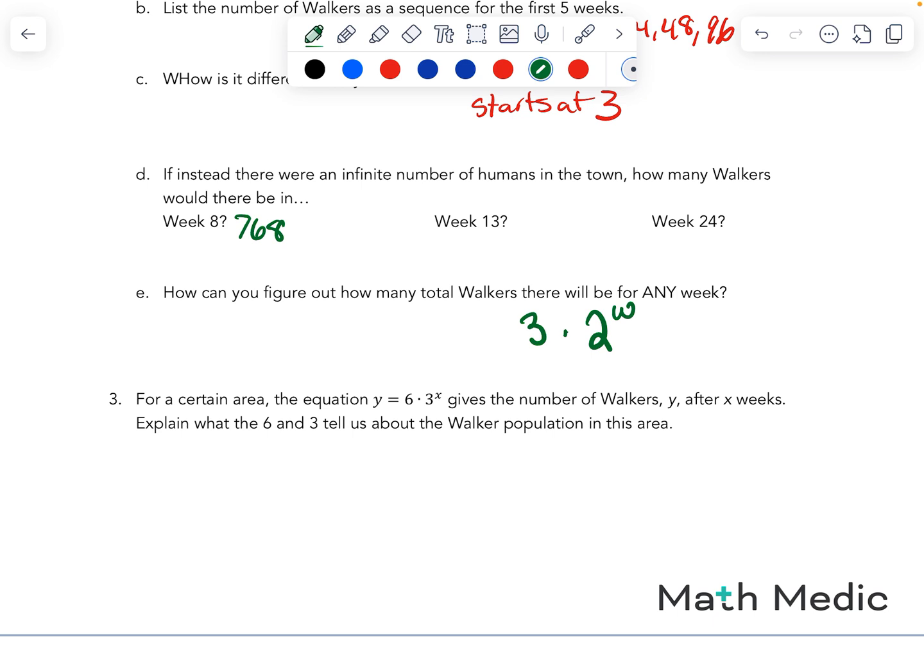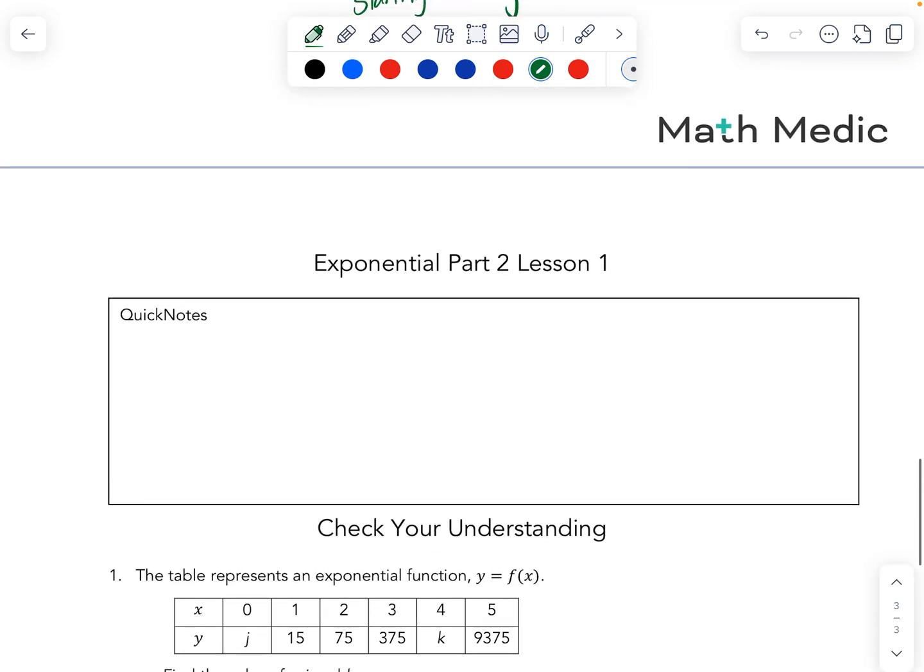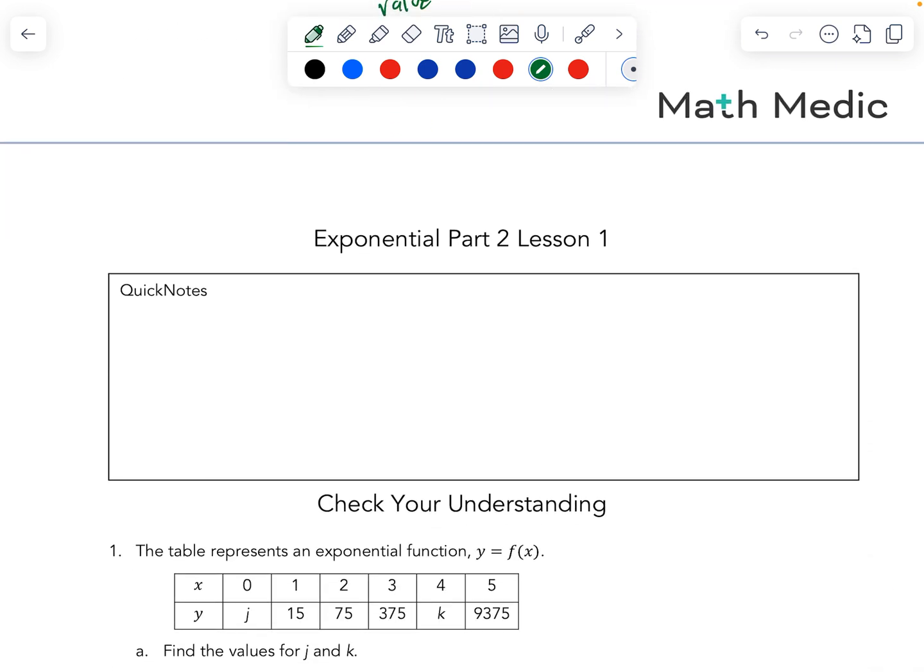How does this tell us? This first number is our starting value, and then this is our growth rate, so it doubles each week. A couple of things we're going to talk about today: these exponential equations versus what we've looked at before, these linear equations. Linear we looked at yesterday, that mx plus b.